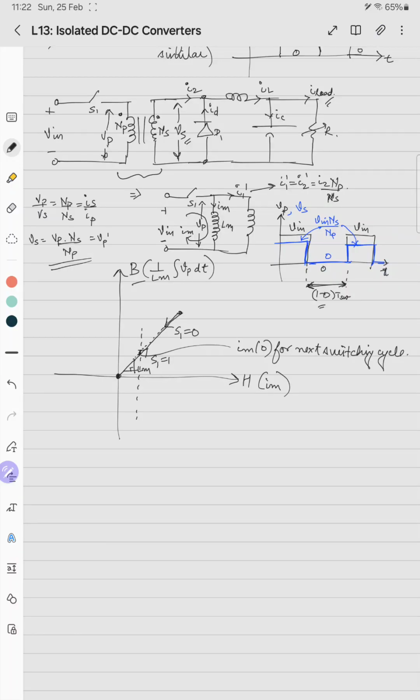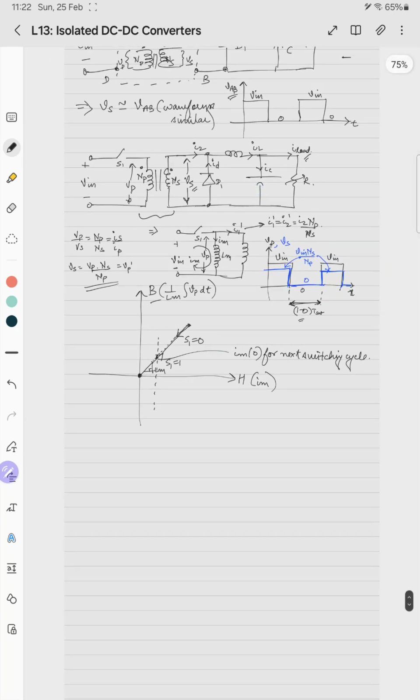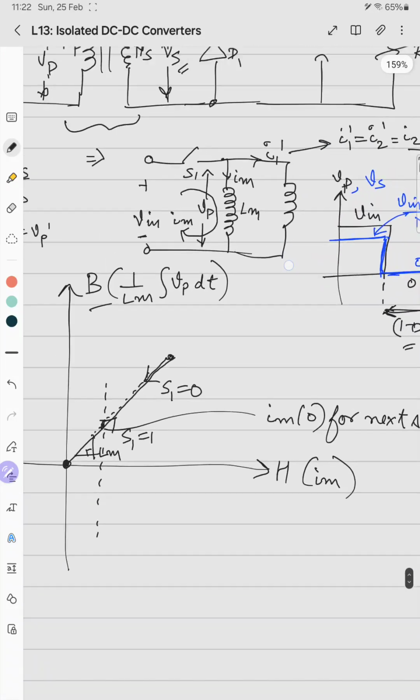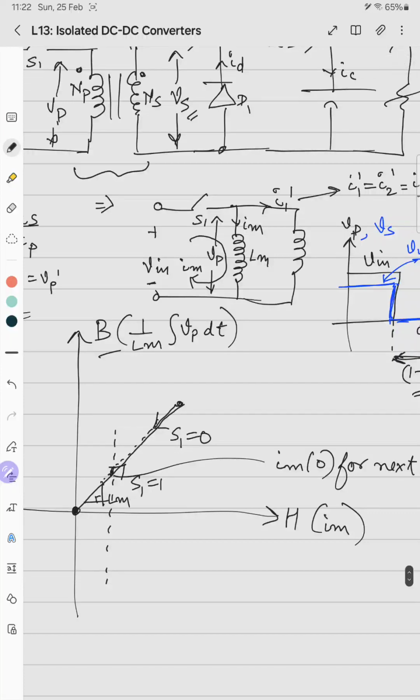So yes, this is the Im of 0 for the next switching cycle, and Im of 0 at the end of each switching cycle should be the same. So given that the D or T switching is not changing, it will be this same only. But the biggest concern is the voltage seen across primary will be 0, but there is no physical path for this current to discharge.